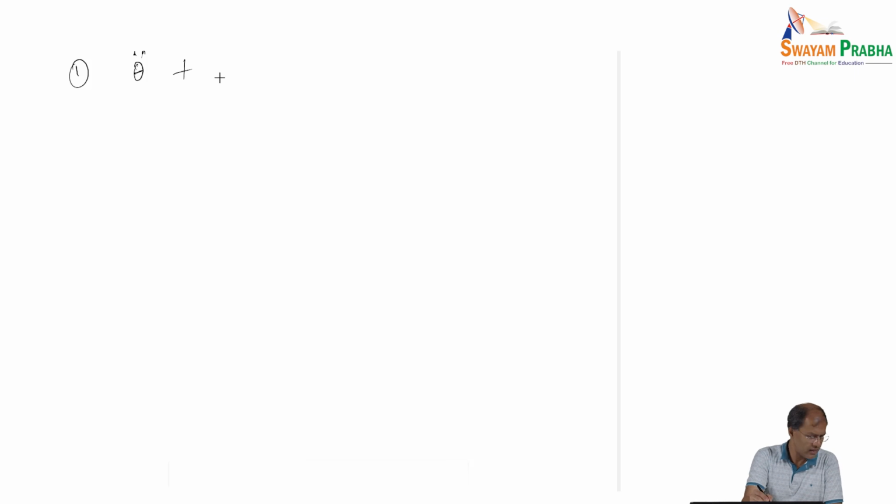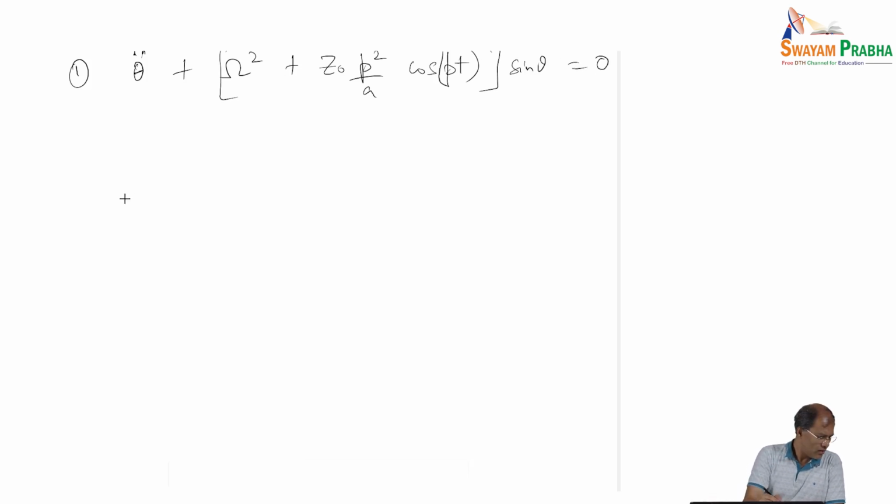I am going to simplify everything, divide throughout by the mass, and we get theta double dot plus (omega squared plus z naught p squared by a cos pt) times sine theta equals 0, where capital Omega is given by square root g over a.